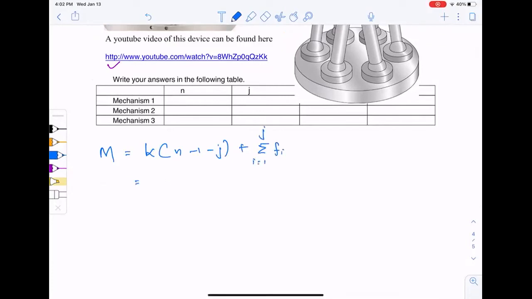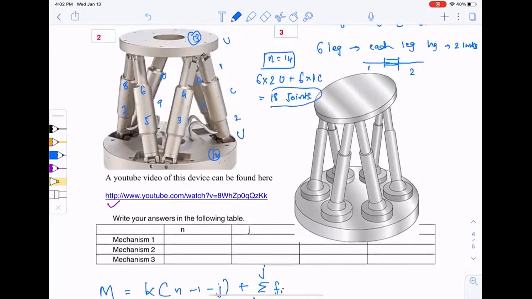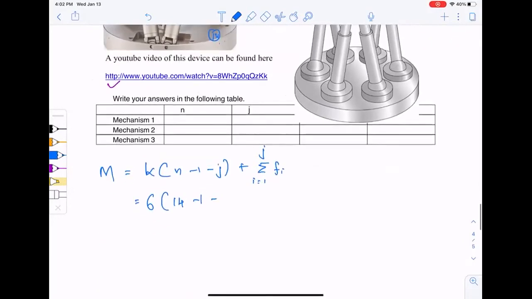Now we have a 3D case, so value of k will be 6. Value of n is 14 minus 1 minus value of j is 18 plus sigma, that is connectivity. So we have 12 into U plus 6 into C. So value over here is minus 30 plus connectivity of U joint is 2.